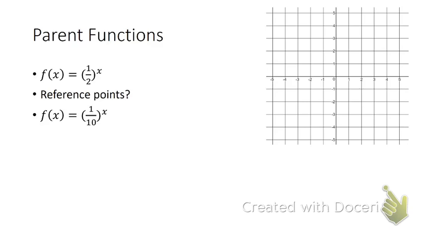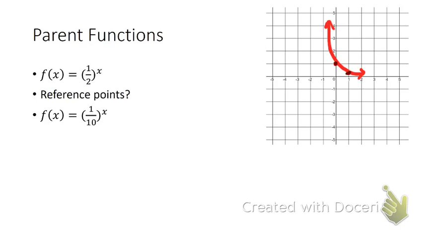Like we did in the previous video, the next function we're going to talk about is similar to what it was in the growth function. Instead of 10 to the x, we have (1/10) to the x value. So graph that and see if you can figure out what the reference points ought to be.